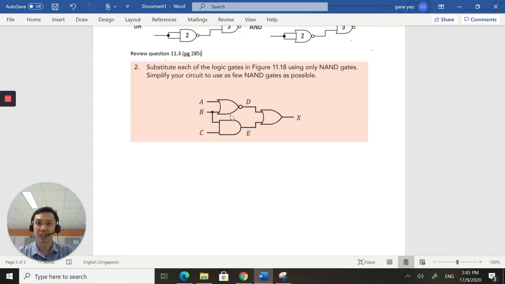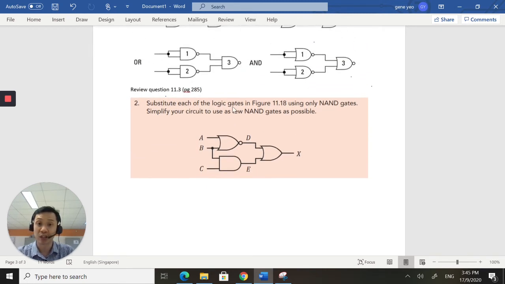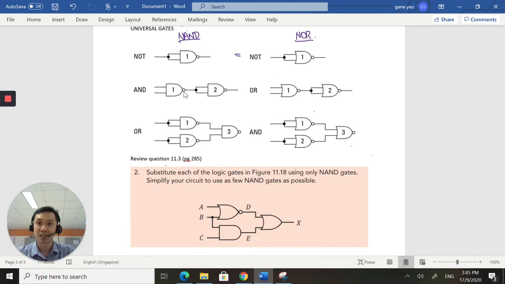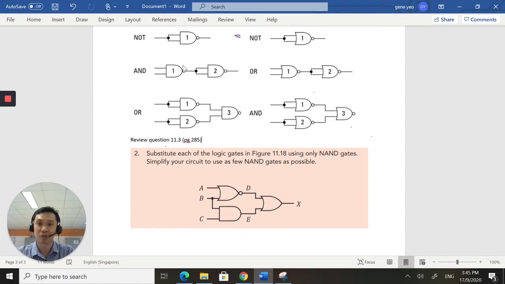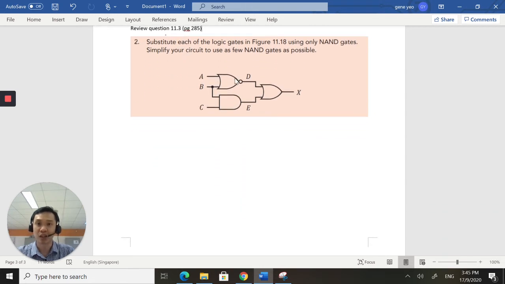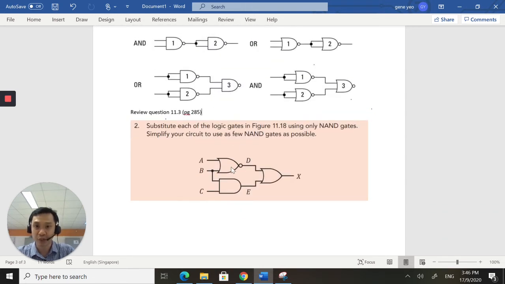Now this is a NOR, right? A NOR is actually an OR followed by a NOT. Okay, a NOR is actually an OR followed by a NOT. So you have to know that. So let's draw an OR first. Okay, so I'm going to replace this one first. Yeah.